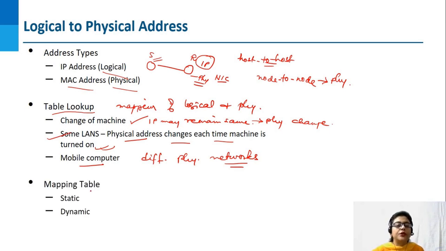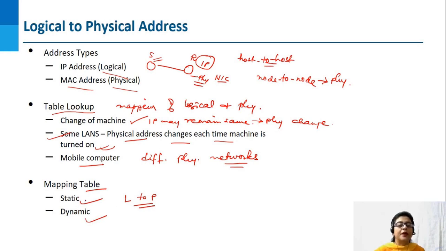So we can have two types of mapping tables. One is called the static mapping table and the other one is called the dynamic mapping table. In the static mapping table, the mapping of logical to physical addresses will be static or remain the same. But if there is a change in the addresses, then manually you have to change the mapping from time to time.